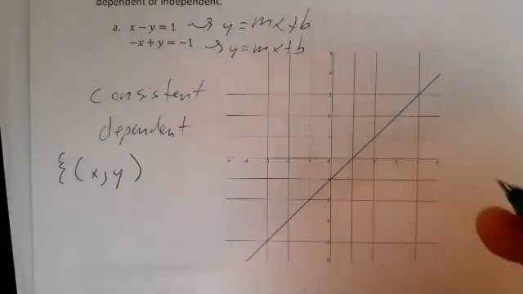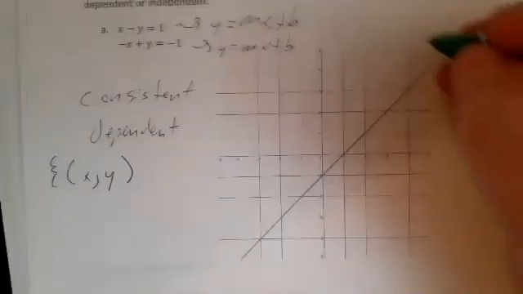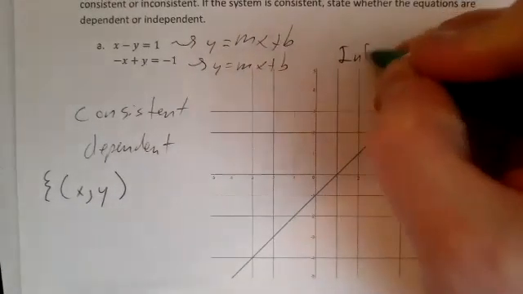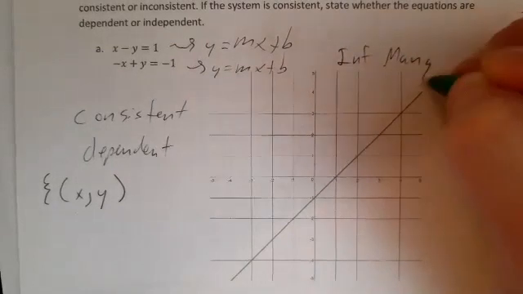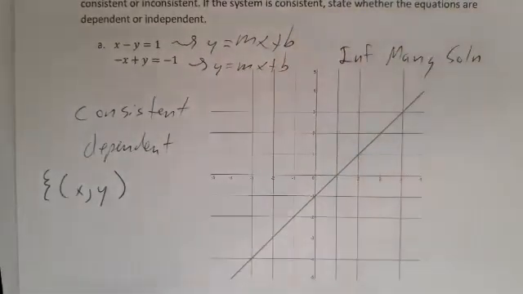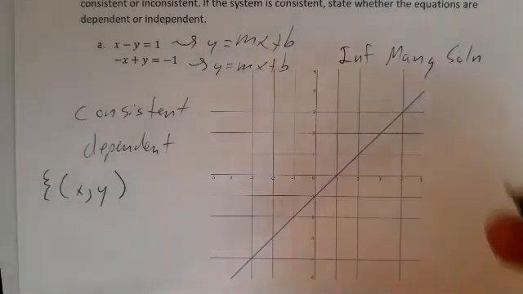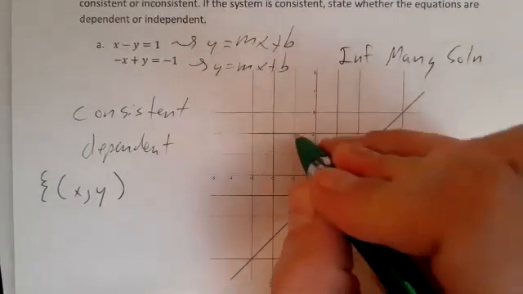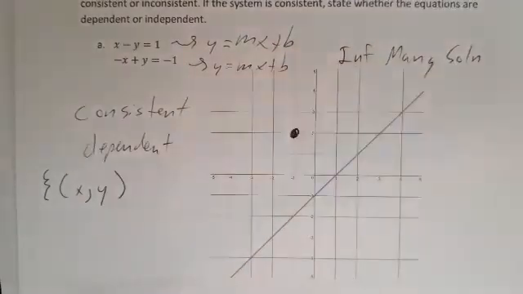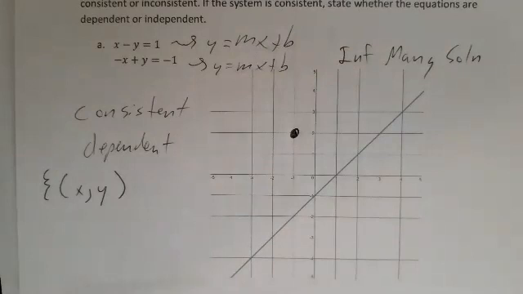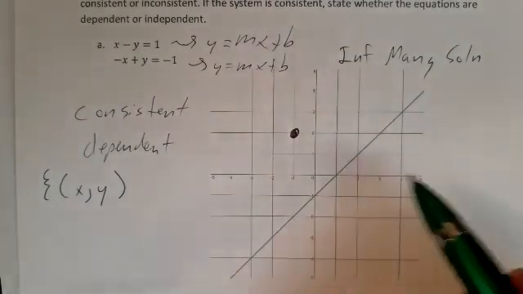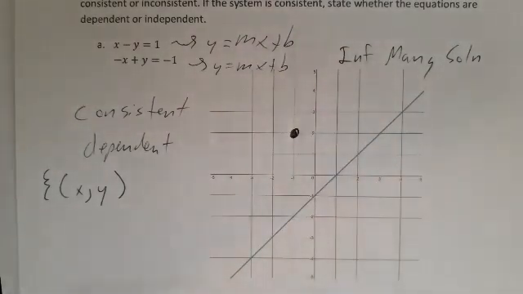There are infinitely many solutions here, right? But that doesn't mean any and all real solutions that are out there. It doesn't mean just any real number that we can pick, right? If I pick any point that's not on the line, it's not going to solve it.